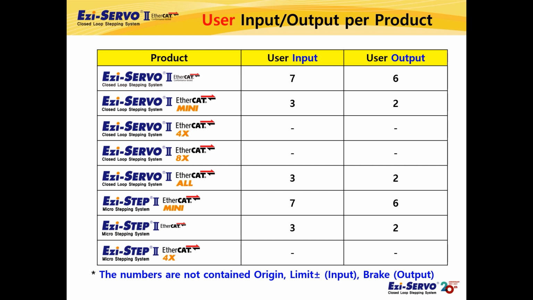For example, Ezi-SERVO II EtherCAT can use 7 user inputs in addition to 3 fixed inputs, origin, limit plus, minus, and 6 user outputs in addition to 1 fixed output, break. The input-output that the user wants, such as sensors, can be used only with a FASTECH EtherCAT drive without a separate I/O module.